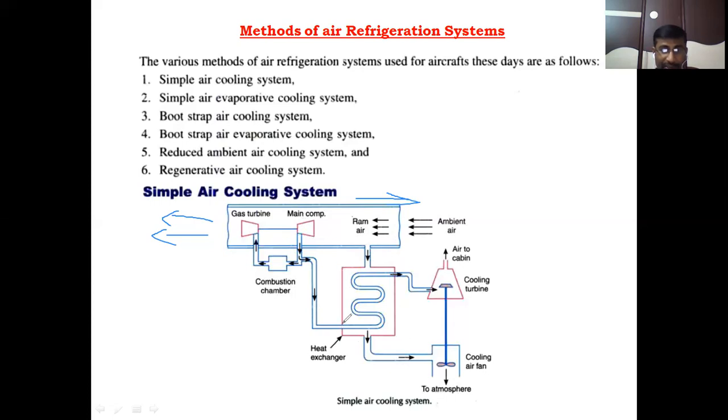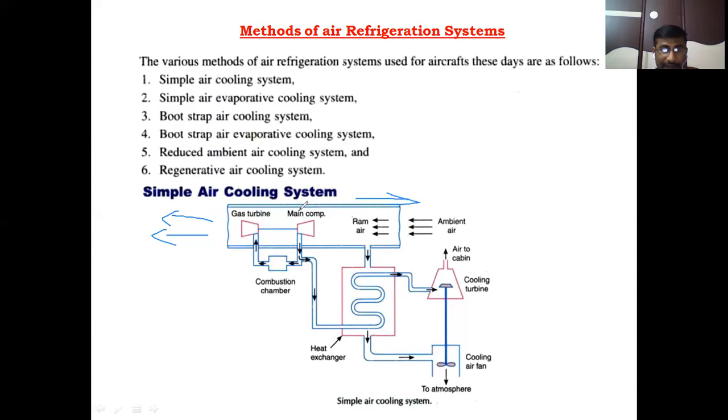Heat exchanger is the device used to exchange heat between two fluids. One is the ram air, the cold fluid. The other is the compressed air coming from the main compressor, which is the hot air. This hot air reduces its temperature as the ram air absorbs the heat. After cooling, the cold air enters the cooling turbine. This is the cooling turbine.